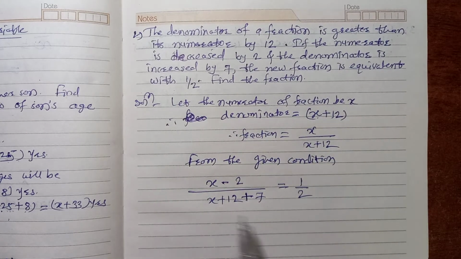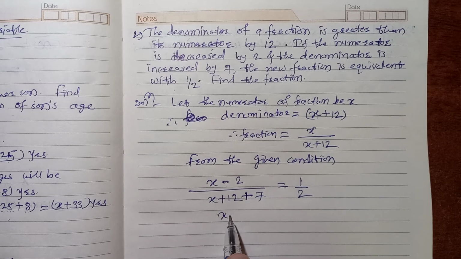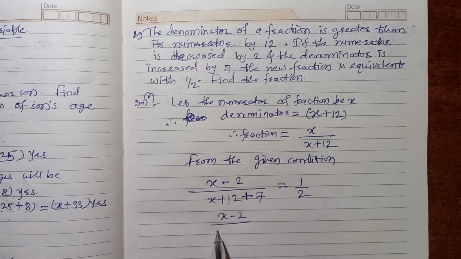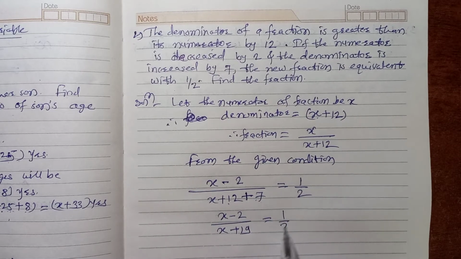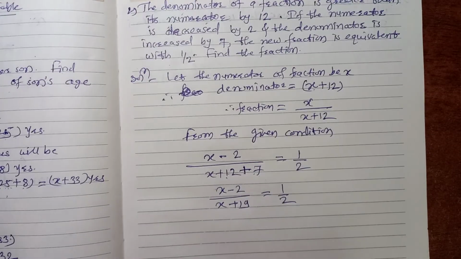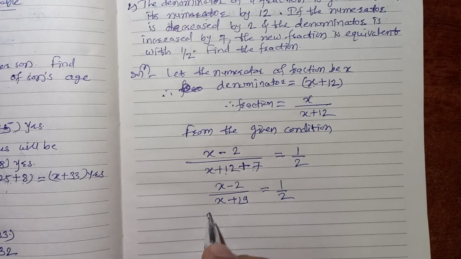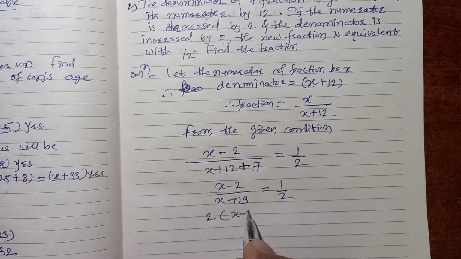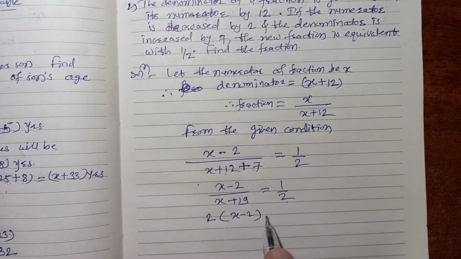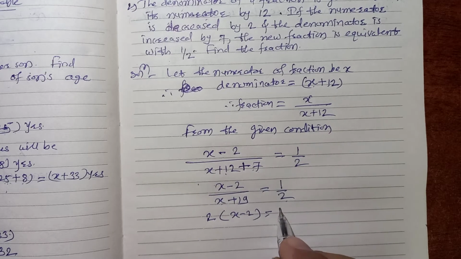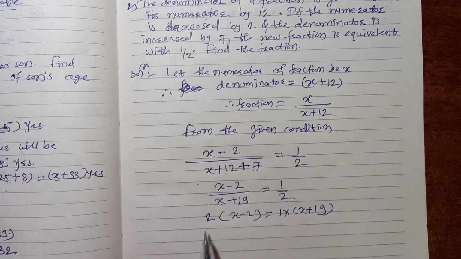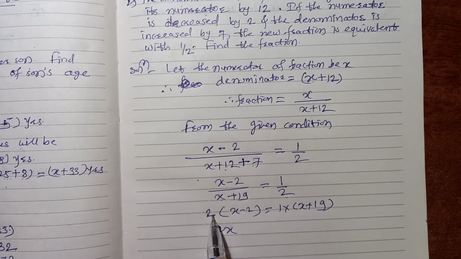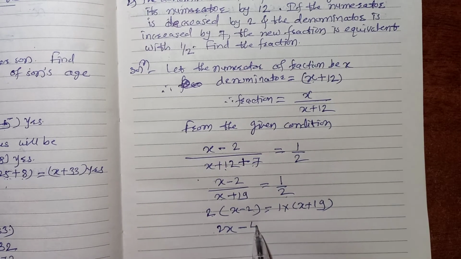See, we frame it into equations. So x minus 2 upon x, 12 plus 7 is 19, equals 1 upon 2. Again that form comes, so here you have to take cross multiplication. 2 multiplied by x minus 2, and 1 multiplied by x plus 19. So 2 multiplied, 2x minus 2 twos are 4.